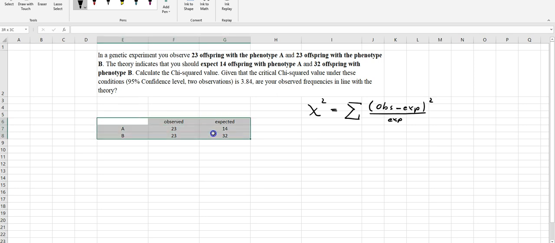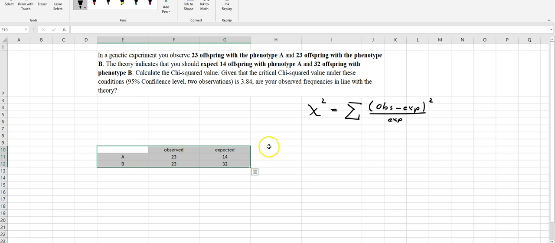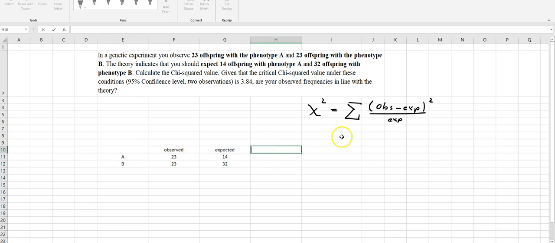I just shift this a little bit downwards so that we have enough space. First of all, let's calculate the observed minus expected, squared, divided by expected. That is very simple to calculate here.